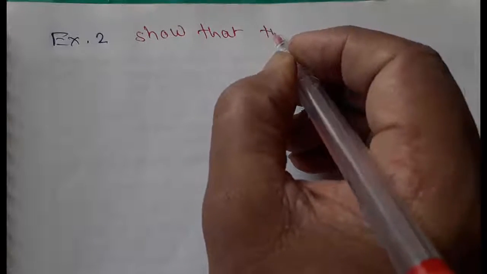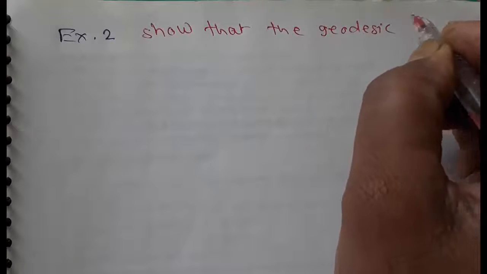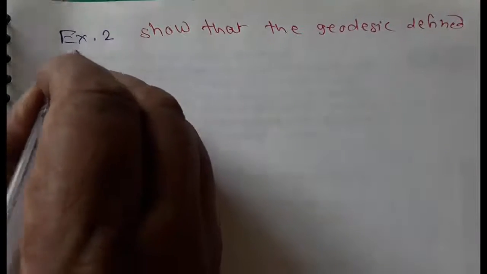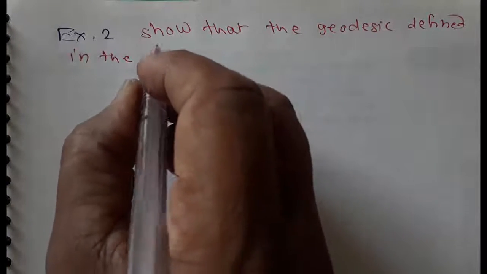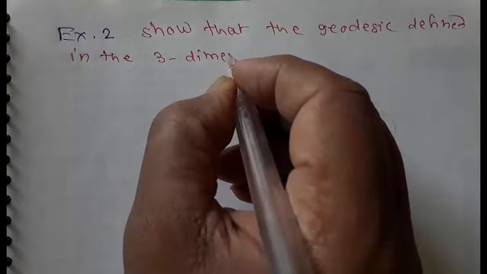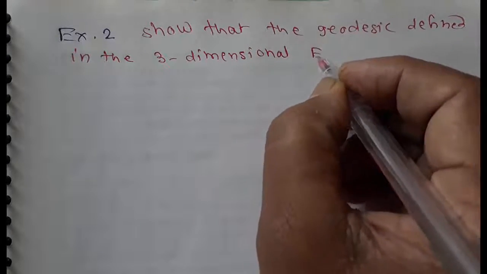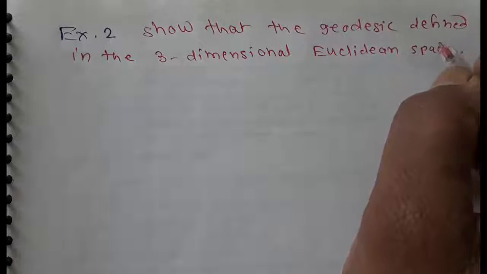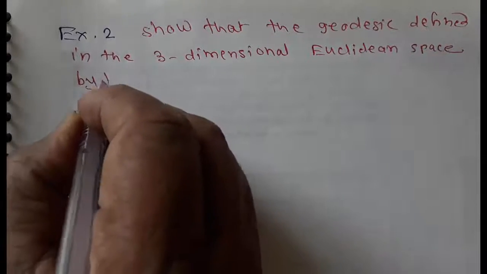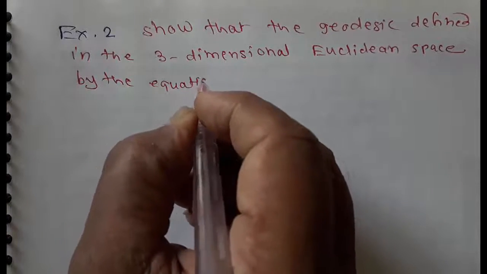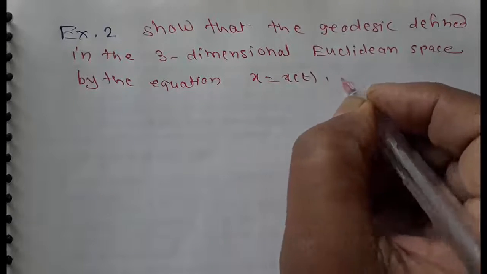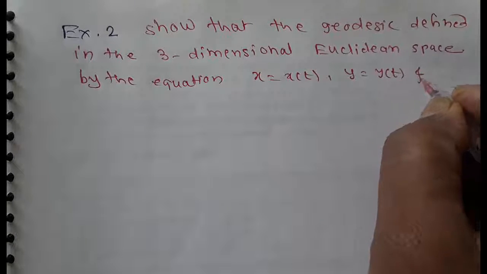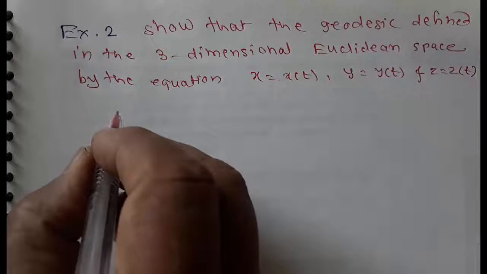Now, example second: show that the geodesic defined in the three-dimensional Euclidean space by the equations x equal to x of t, y equal to y of t and z equal to z of t is a straight line.